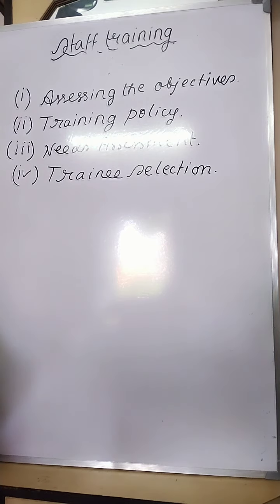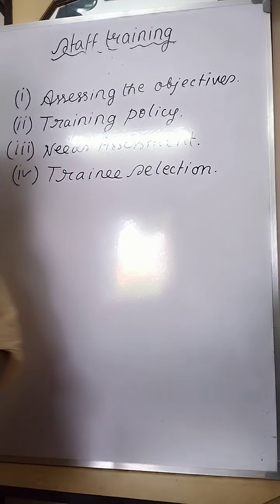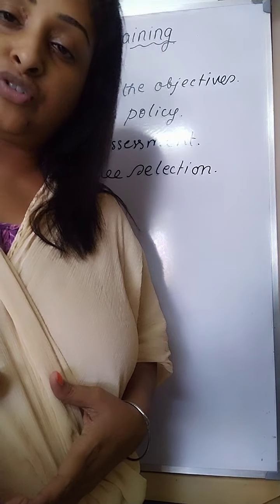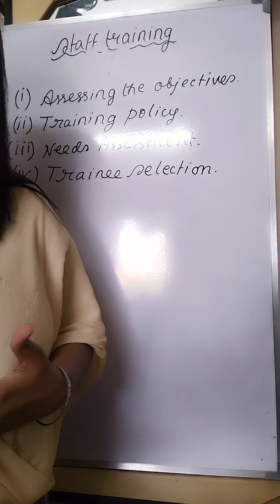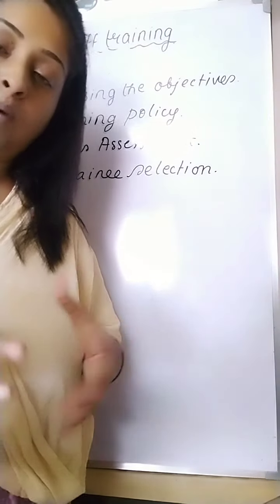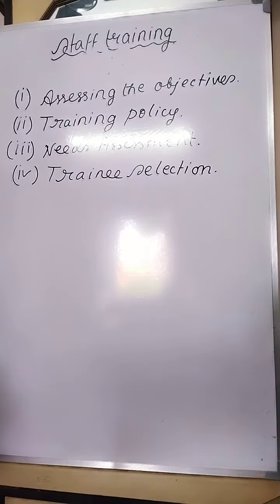The method of training to be used will depend upon the type of person to be trained. The trainees are to be selected first. That is required first. So, selection of trainee, that is the person who will be trained.